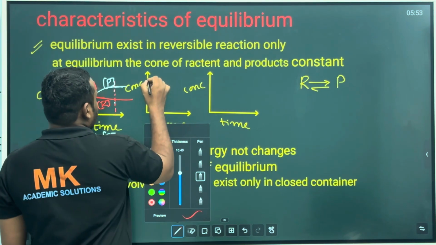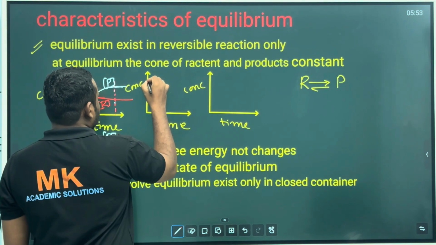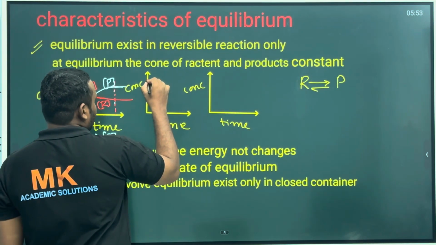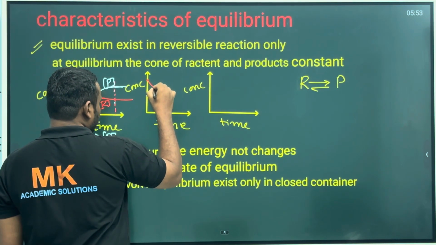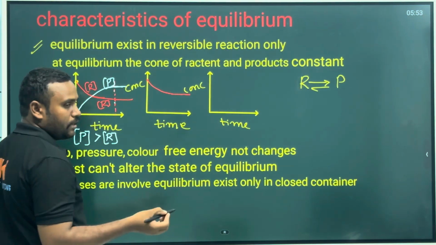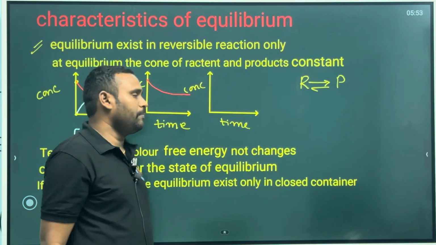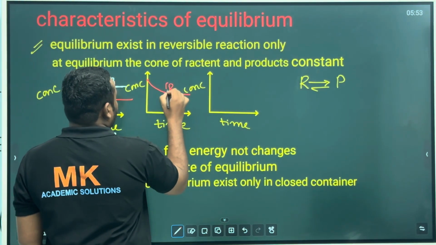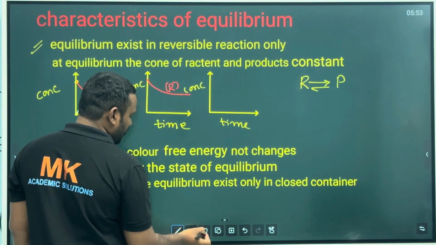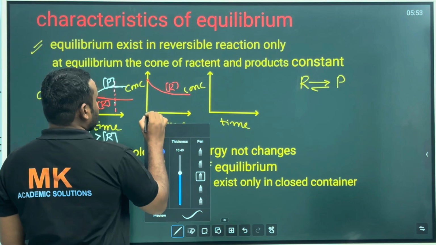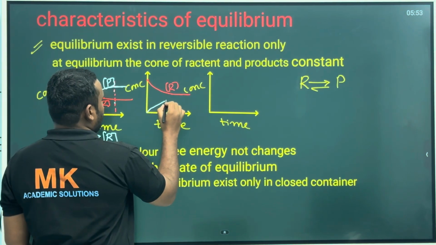Initially, this is the concentration of reactant. Reactant concentration slowly decreases and becomes constant at a particular time, and the concentration of product, initially 0, slowly increases as time proceeds.